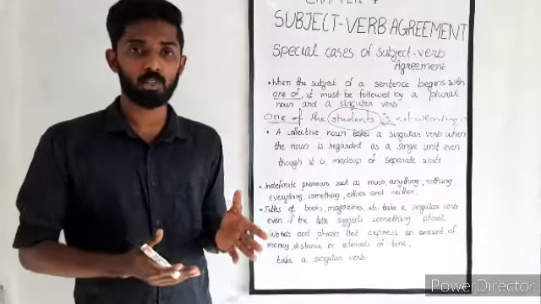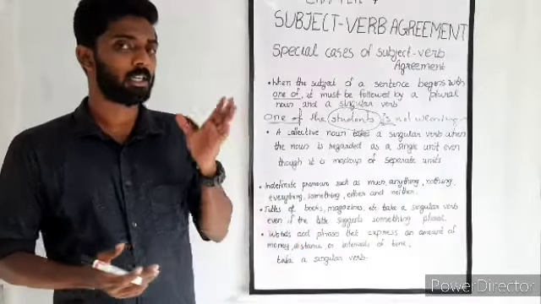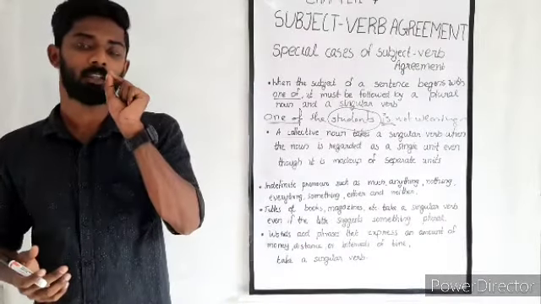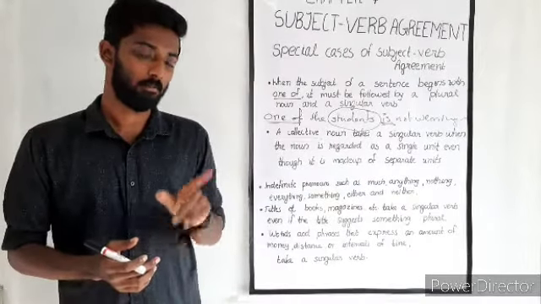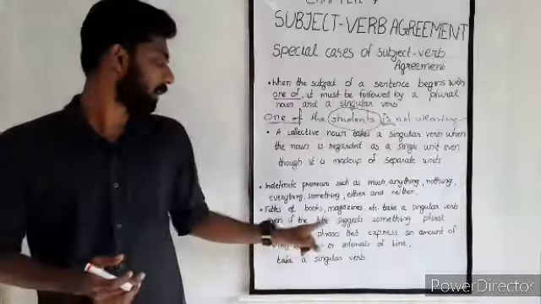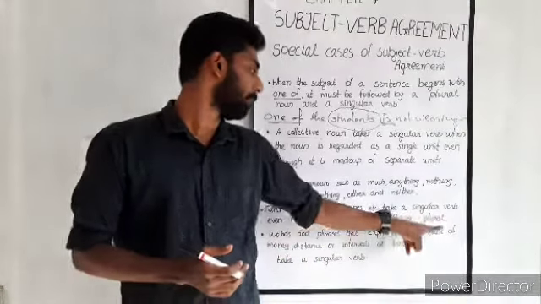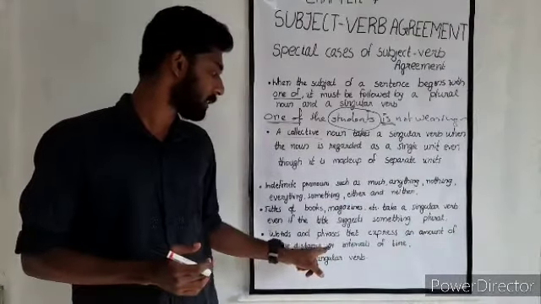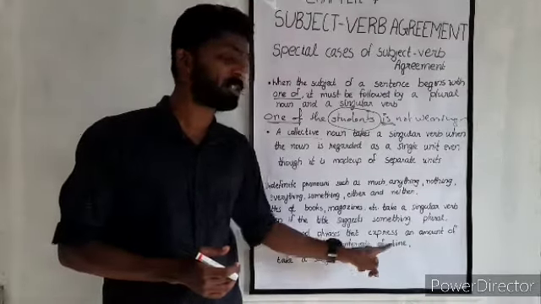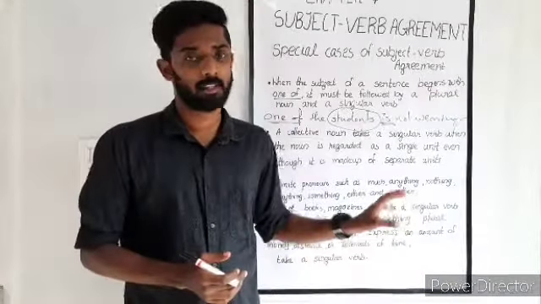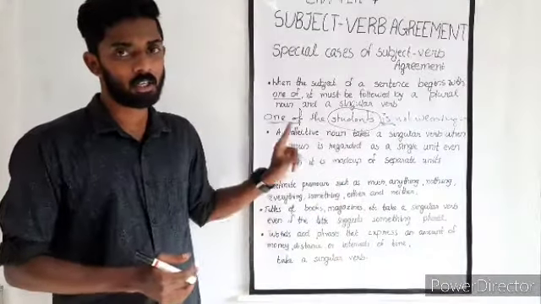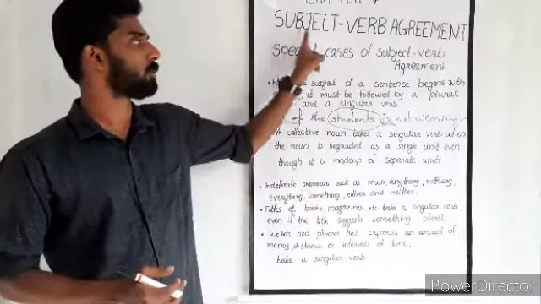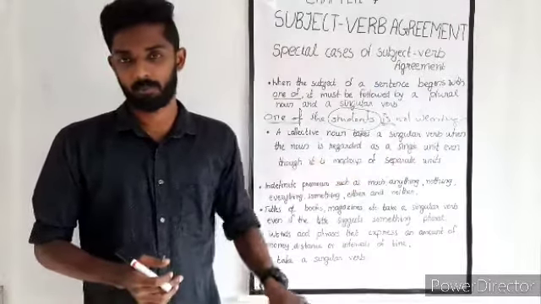Even then, we have used the word was, a singular verb form, because words and phrases that express an amount of money, distance, or intervals of time take a singular verb. It is the rule with regard to subject-verb agreement.